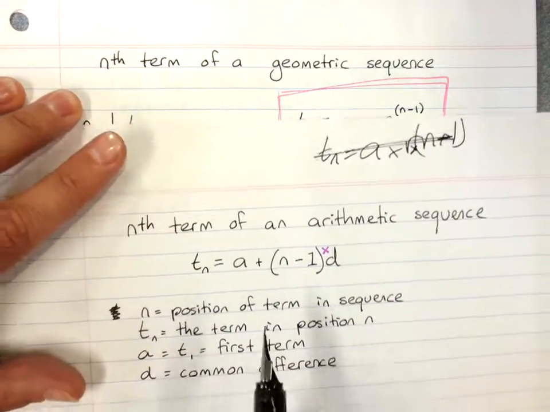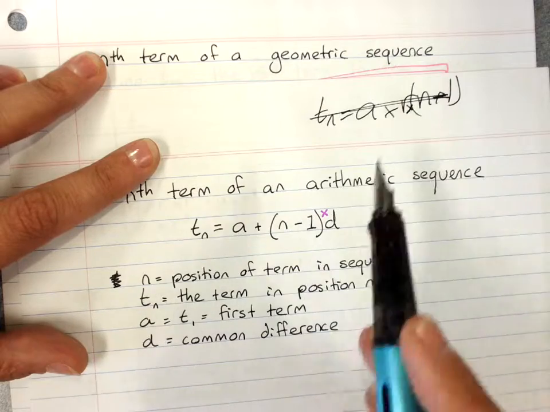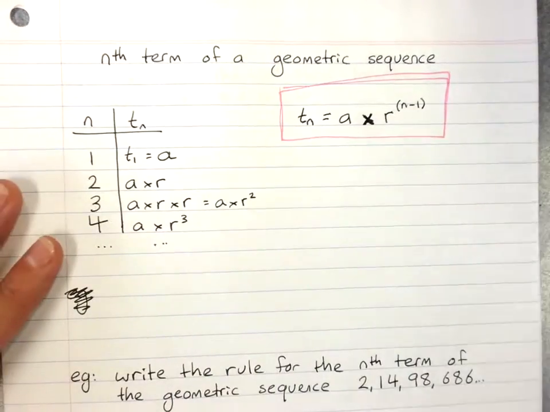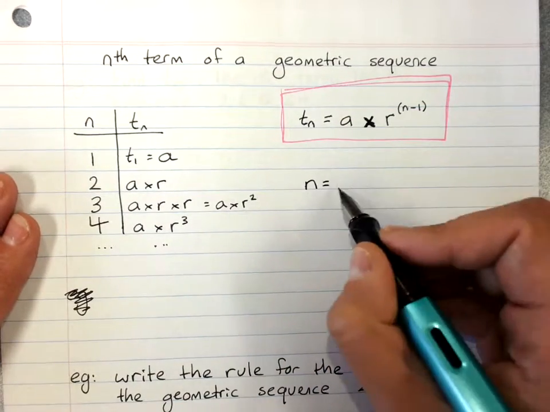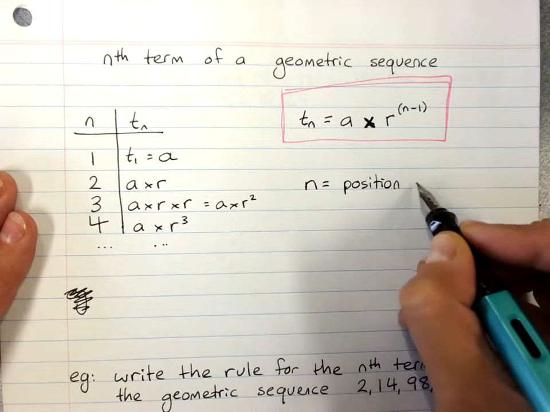We'll write in again all of these: n, Tn, a, and of course for the geometric sequence, r. So, I know you know it, but we need to know it so well. n is the position of the term in the sequence.